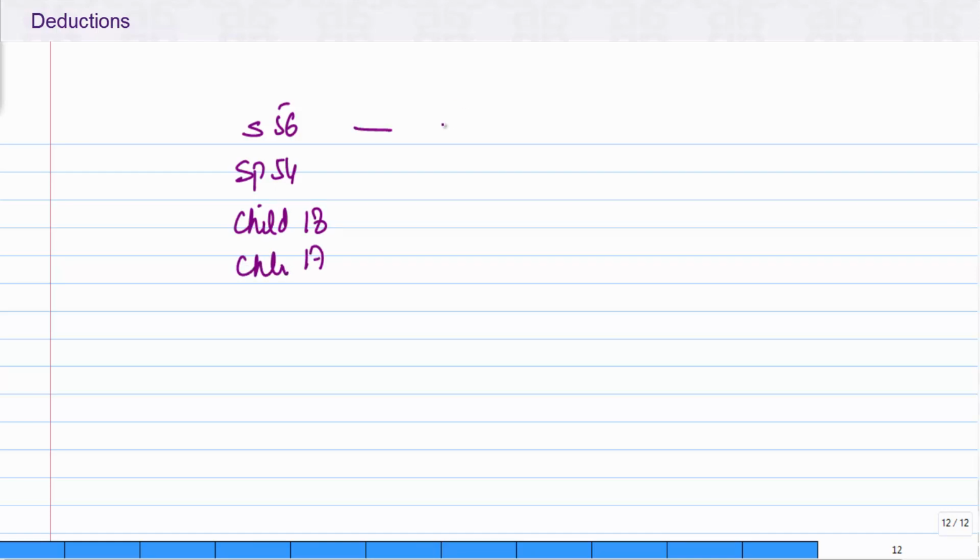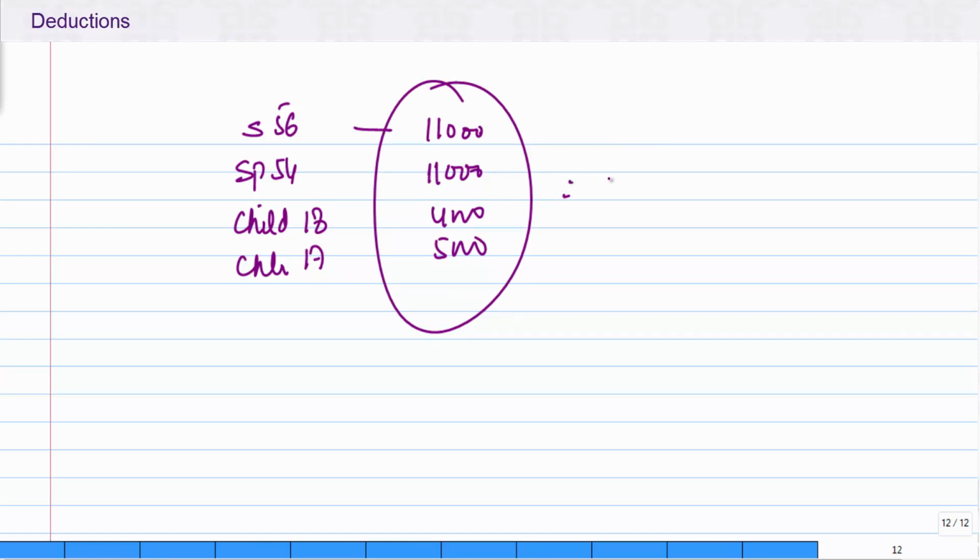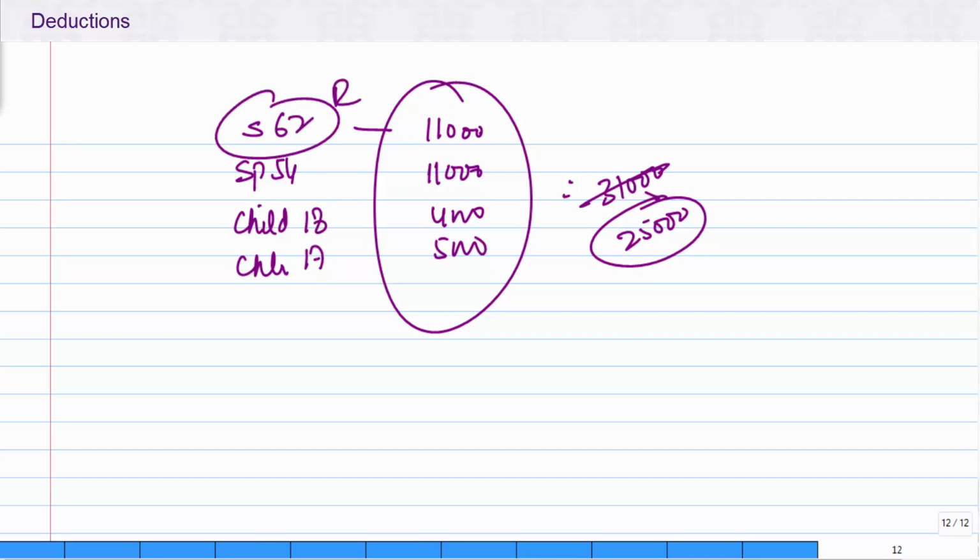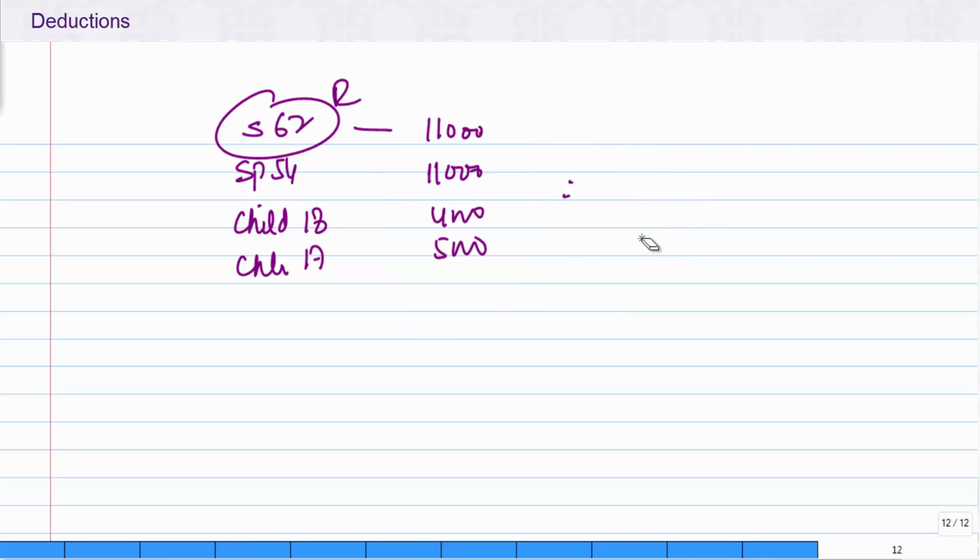So the premium you paid is, let's say, 11,000, another 11,000, another 4,000, another 5,000. So all of this adds up to 31,000, but it will be limited to 25,000. So the deduction you will get is for 25,000. But if I say that this person becomes 62, he's a senior citizen and he is a resident, then what we will do is we will first apply the limit of 25,000 on these premiums.